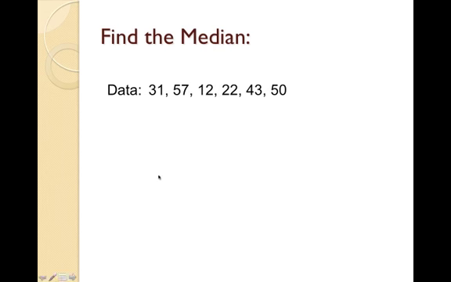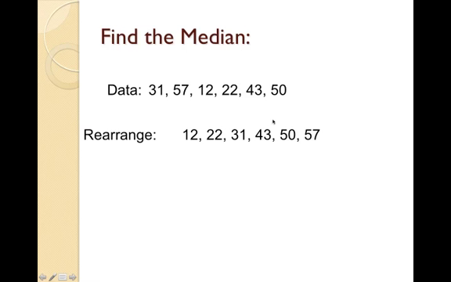All right, so this time we've got 31, 57, 12, 22, 43, 50. We're going to rearrange. Now, if we count into the middle, here's my first small value, my second small value, third small value, then 4 small values. So then let's go from the biggest value, the next, third, next, fourth.